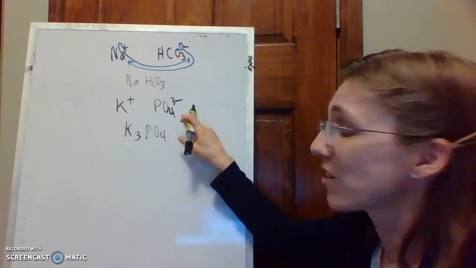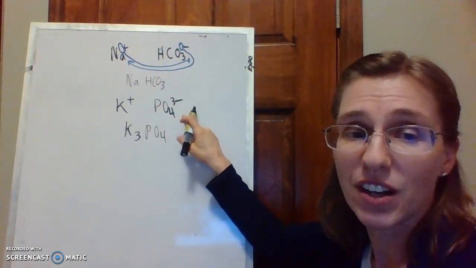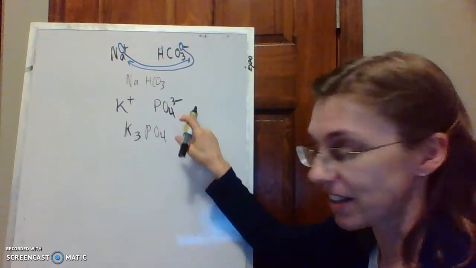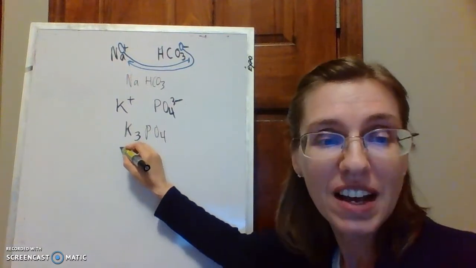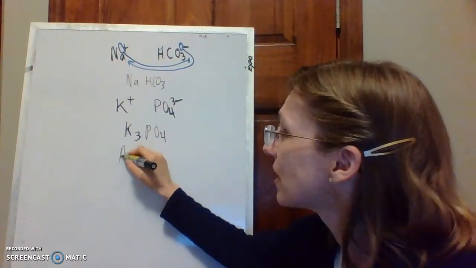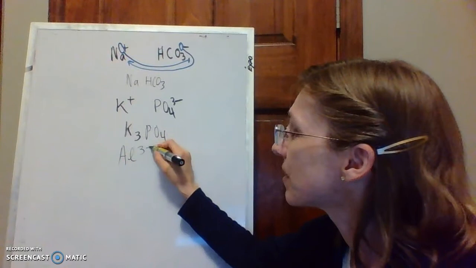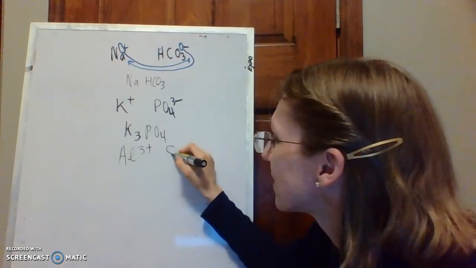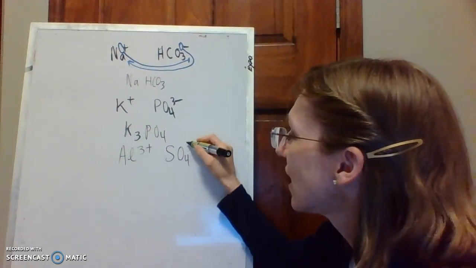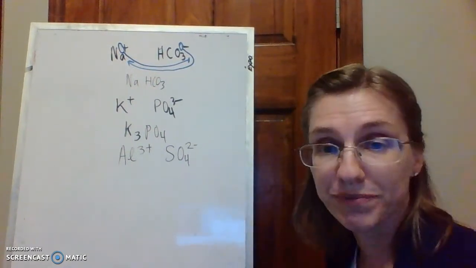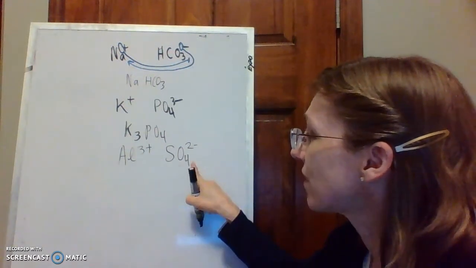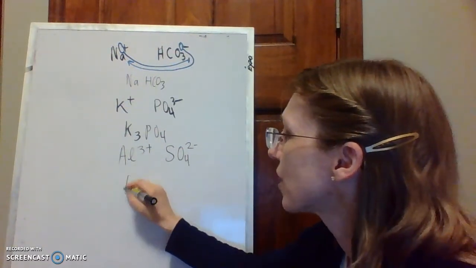Now, if there's any subscript other than a 1, we have to put parentheses around the polyatomic. Let's look at an example of doing that. Let's look at aluminum. Aluminum we know has a charge of +3. Let's look at sulfate. Sulfate is SO4, and it has a -2 charge. So the 2 comes down here, the 3 comes down there. Let's do the 2 first.